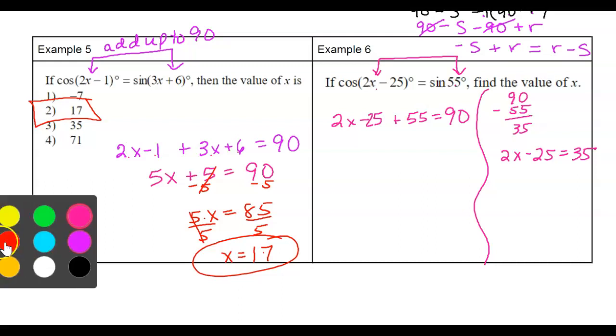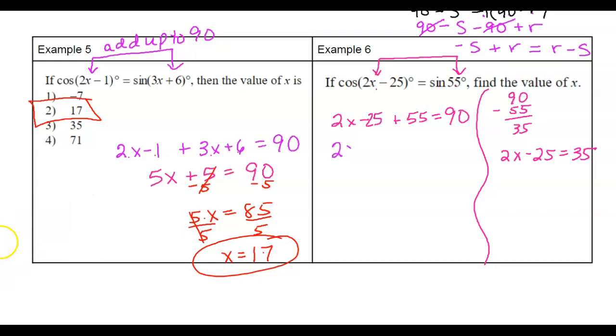So let's just say I saw the one on the left. I would get 2x, we're going to add those, what, negative 25 plus 55 is, I don't know, what do I get? 30? Wait a second.